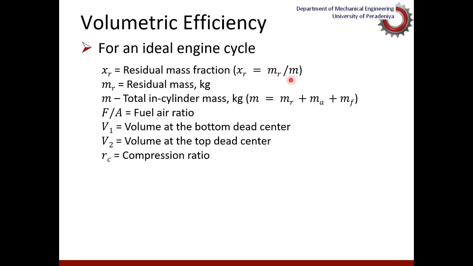MR is the residual mass in kilograms. M is the total in-cylinder mass that has residual gases, air, as well as fuel. If F over A is the fuel-air ratio, V1 is the volume at bottom dead center, V2 is the volume at top dead center, and RC is the compression ratio, we can obtain a relationship for volumetric efficiency with more parameters in it.